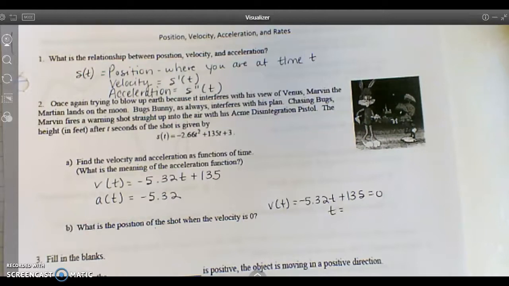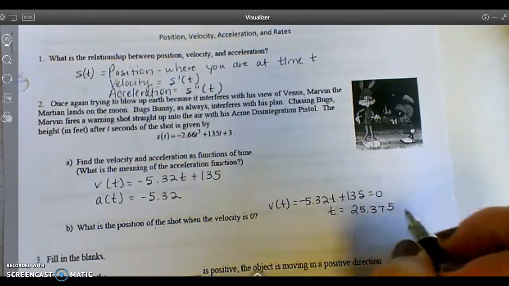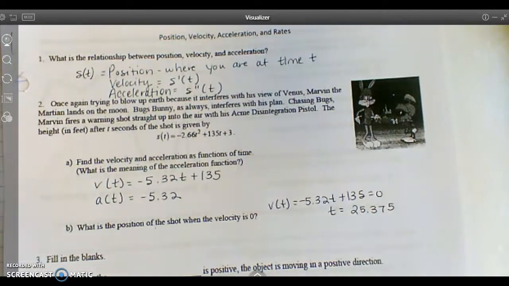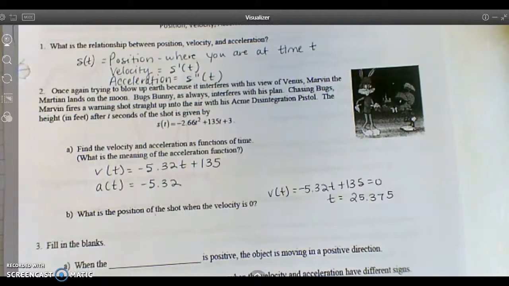So you subtract 135 and then divide by negative 5.32. And I get 25.375. I'm going to go to 3 places because that's what you would do in AP. That's the time when the velocity is 0.